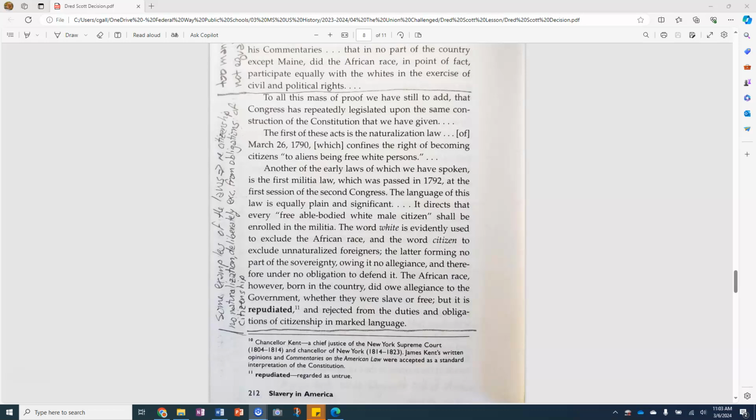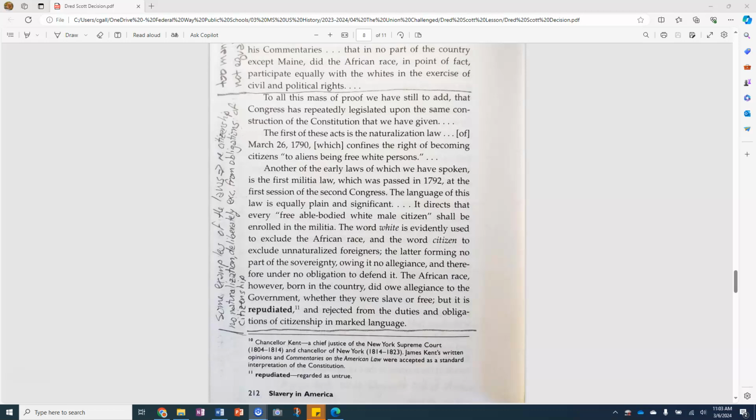The word white is evidently used to exclude the African race, and the word citizen to exclude unnaturalized foreigners, the latter forming no part of the sovereignty, owing it no allegiance, and therefore under no obligation to defend it. The African race, however, born in the country, did owe allegiance to the government, whether they were slave or free, but it is repudiated and rejected from the duties and obligations of citizenship in marked language.